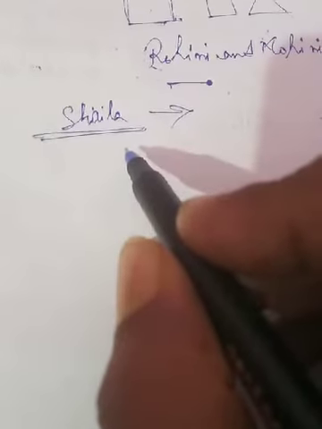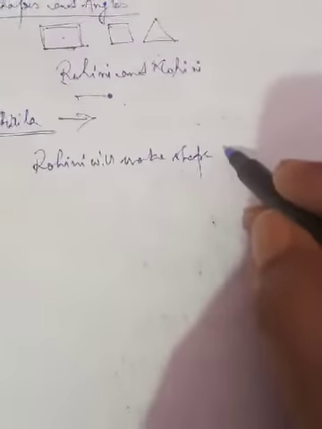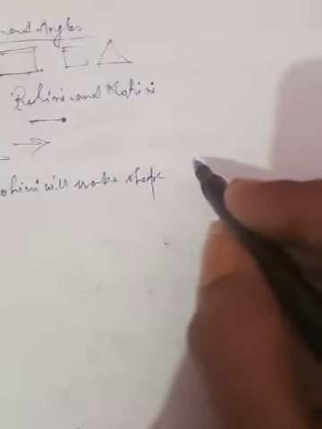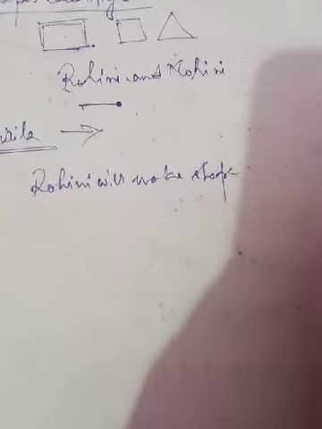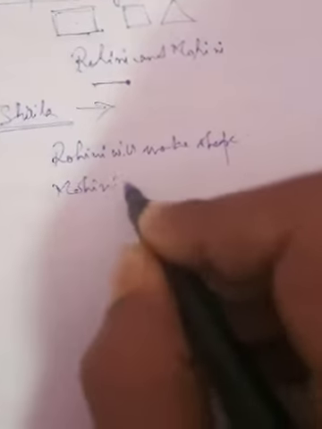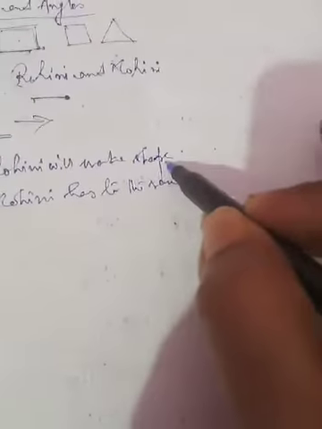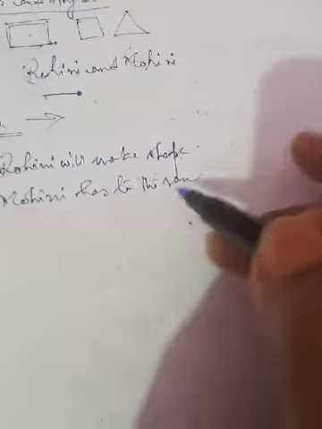Rohini will make a shape, whether it is a rectangle, triangle, circle, whatever shape. Mohini has to make the same. So whatever Rohini makes, Mohini has to make the same.